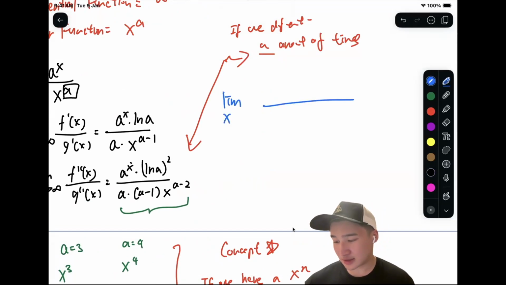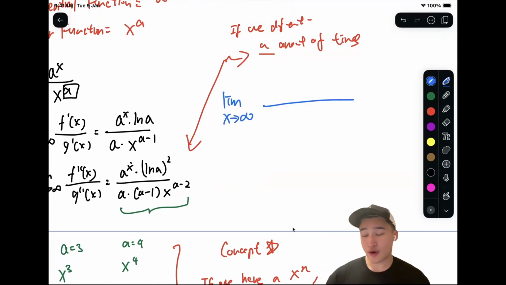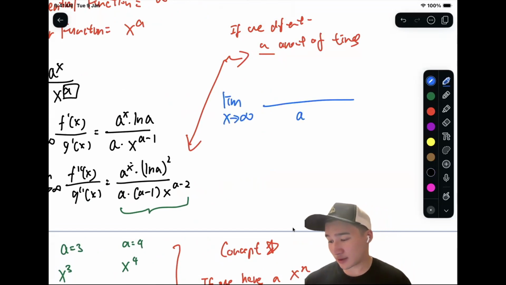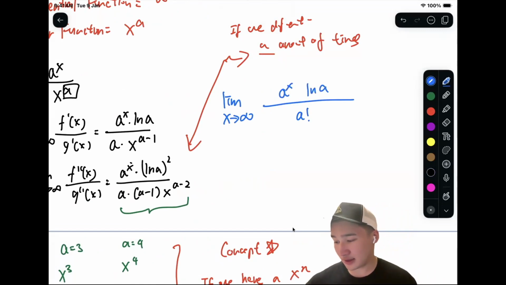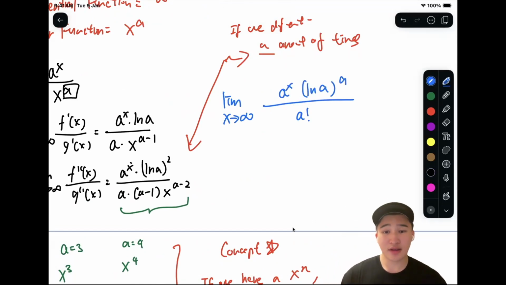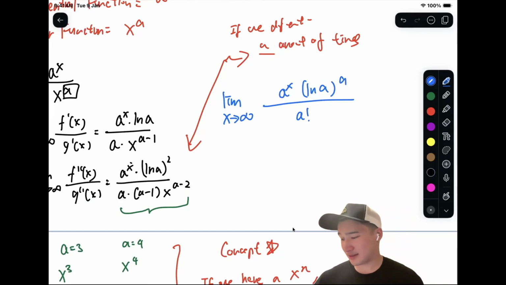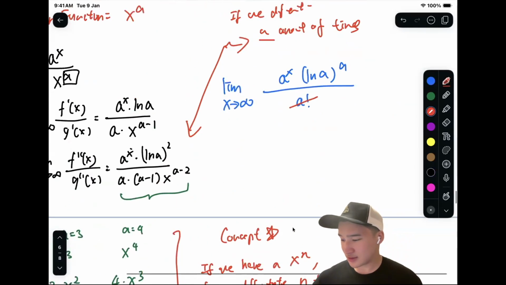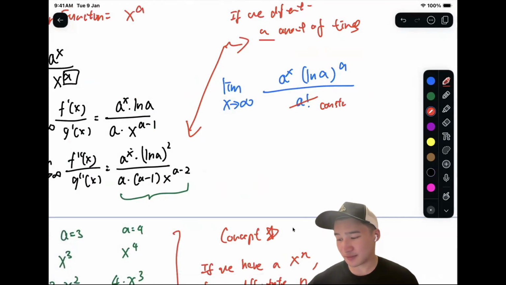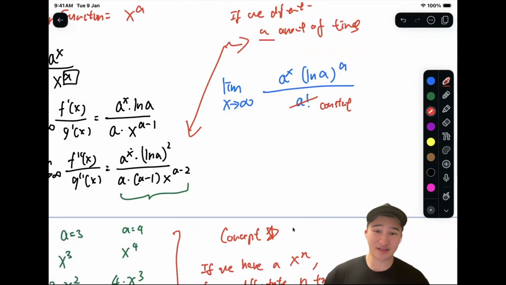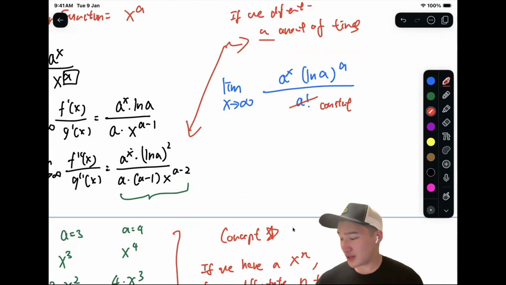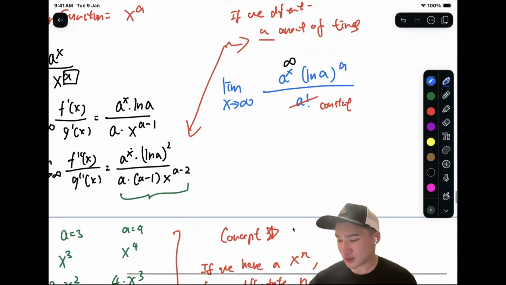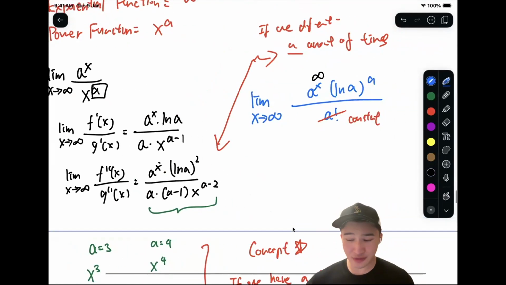Limit as x approaches infinity, we're going to get in below a factorial. Numerator is actually going to be a^x (natural log a)^a. So a factorial actually is a constant, right? Look at these are constants. So now we know that, oh, this is a constant. And because above there is still an x here, so we know that, okay, so this is going to be infinity. And so the answer to this question, okay, to prove, and we just proved it.